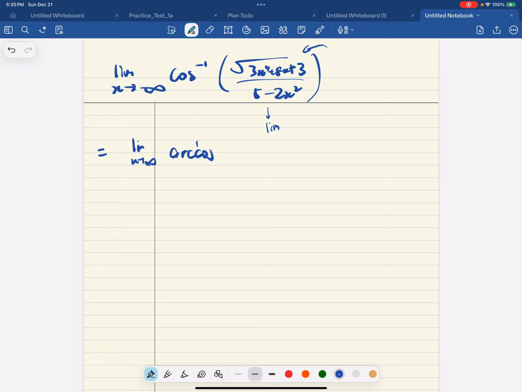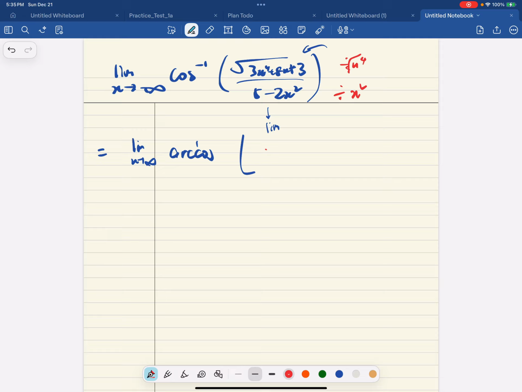Arc cos of inside, you divide top and bottom by the biggest denominator, which is x to 2, and this one is an even root. It's an even root, so we don't need to modify any signs.